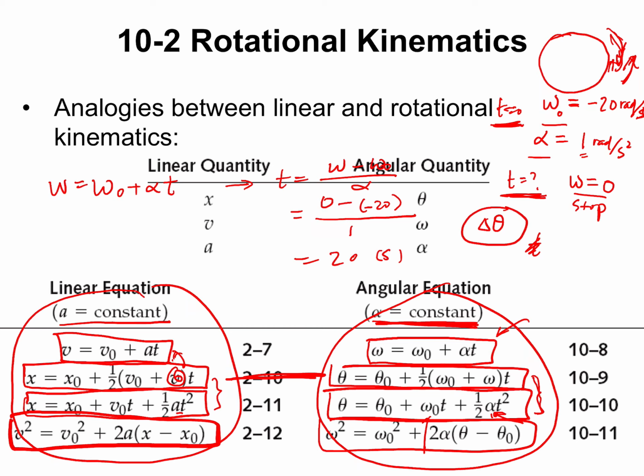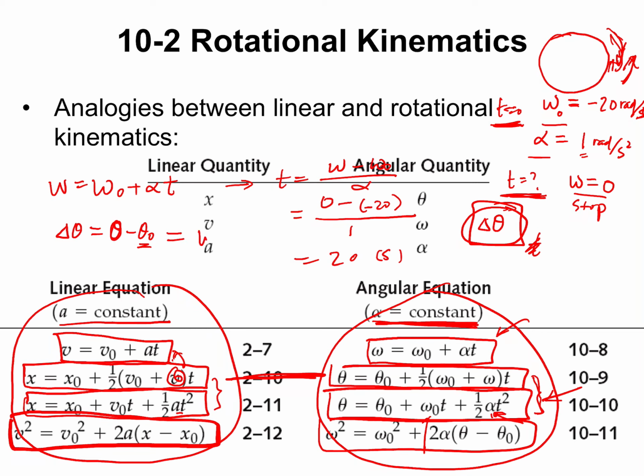Second, how many revolutions or how many radians does this fan rotate, from the moment you switch the fan off to its stop? Look at the displacement. Displacement equal to theta minus theta naught, final position minus initial position.